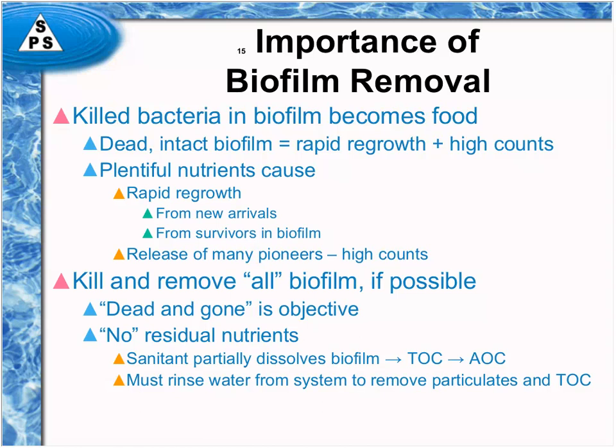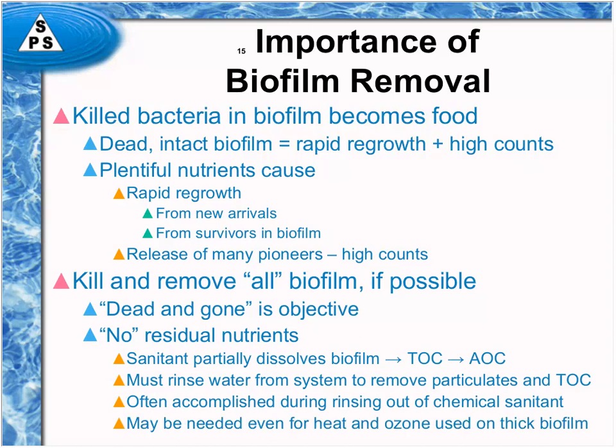Whenever you have these high levels of organic matter floating around in the water system, you've got to rinse these things out. And often that's already done because you're rinsing out the sanitant that you used if it was a chemical sanitant. But keep in mind that if you're using heat or ozone on an intermittent basis, you also generate these high levels of organics from the killed biofilm.